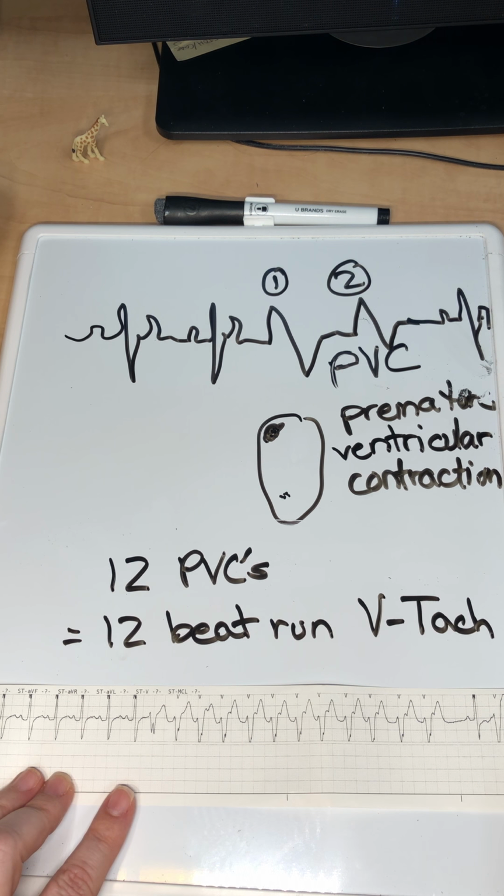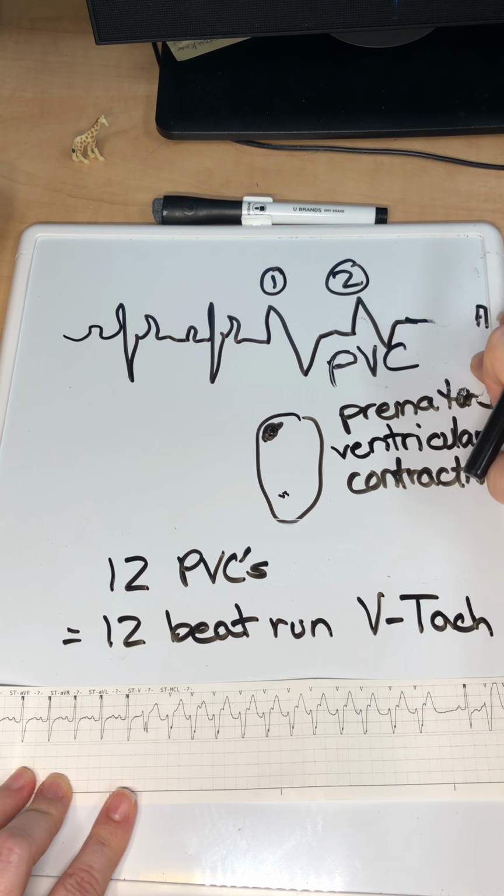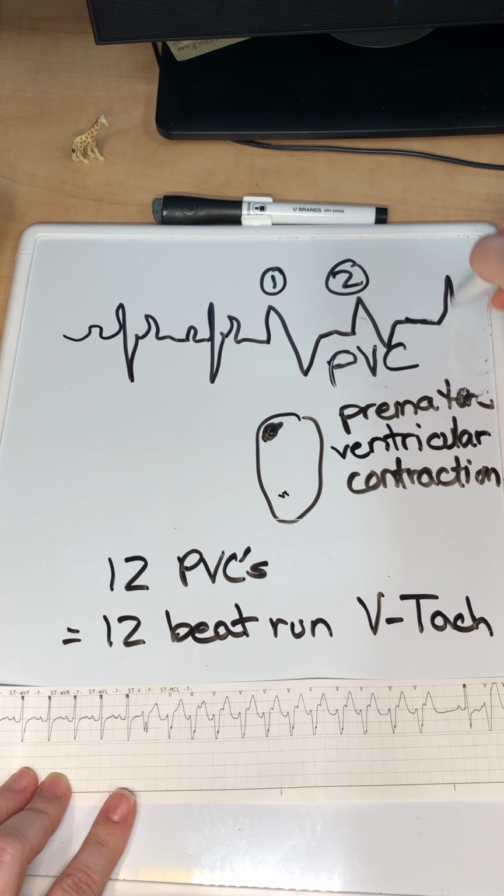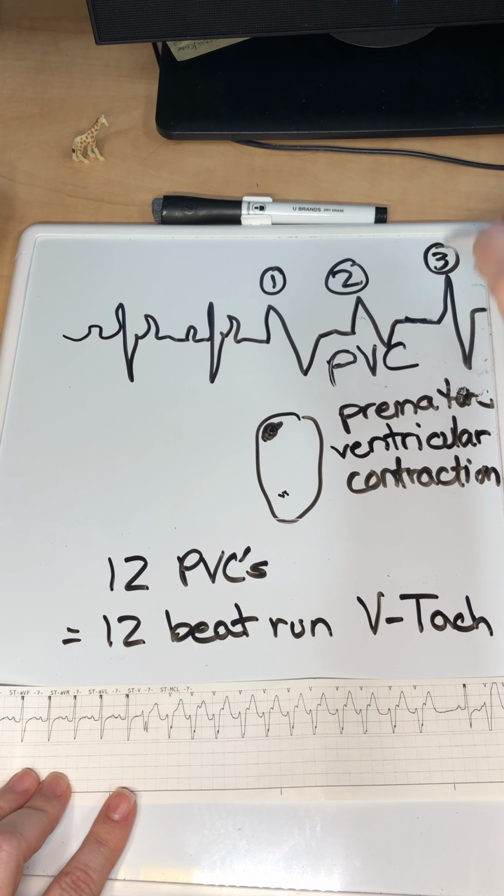That's just a couplet. So you can have a single PVC, you can have a couplet of PVCs or a PVC pair, but once you have 3 in a row, so PVC 1, 2, and 3, then it becomes V-tach, okay?